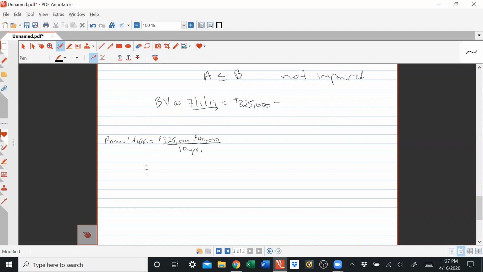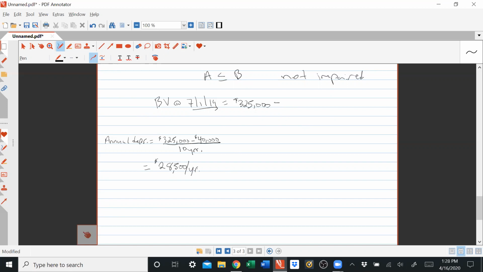So every year we should be recognizing $28,500 in depreciation on this piece of equipment. 325 minus 40 is 285. 285 divided by 10 is 28,500 a year.